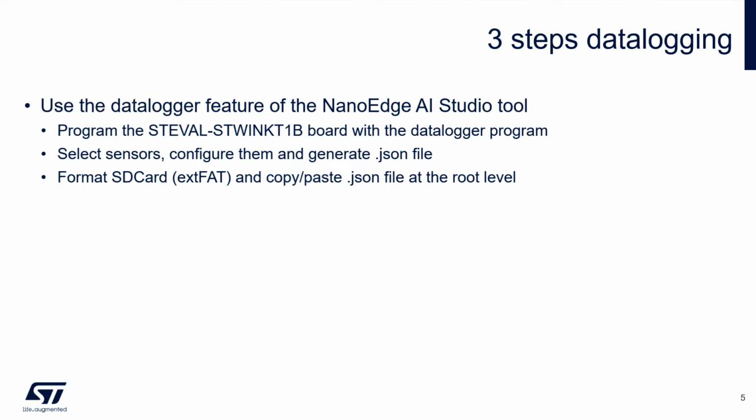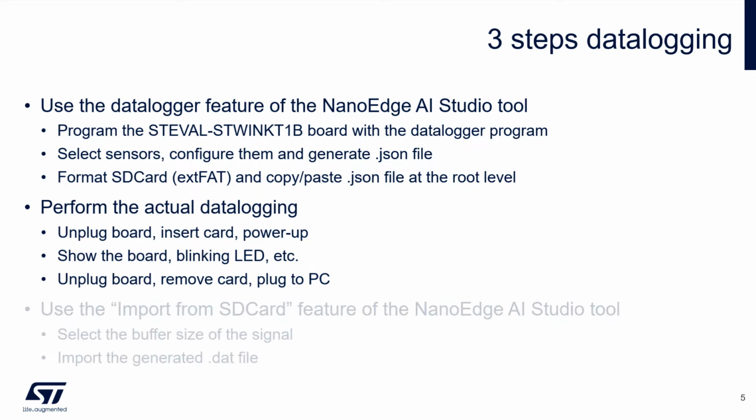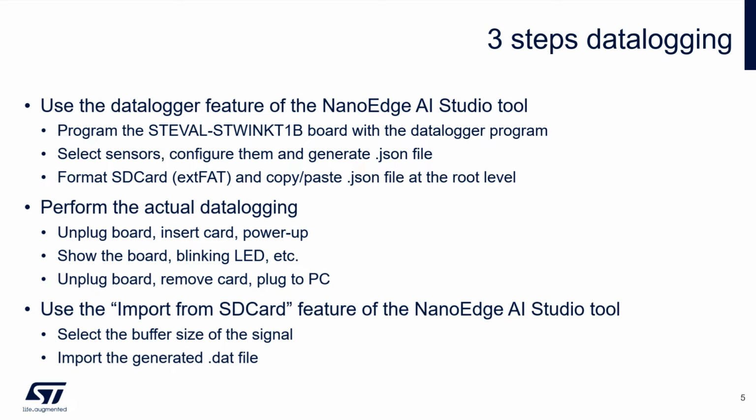And the SD card will then be inserted in the board, and the application that has been flashed to the board will read this JSON file and program the sensor accordingly. The second step will be to do the actual data logging, and the final step will be to import, in the NanoEdge AI Studio tool, from the SD card that will be filled during the data logging.